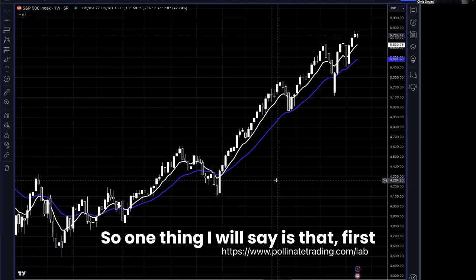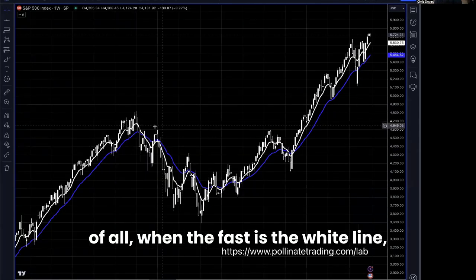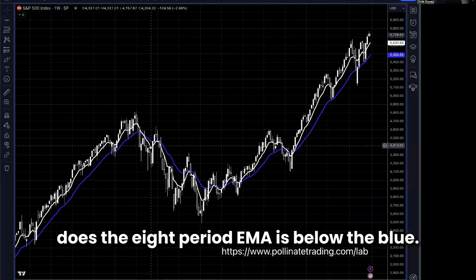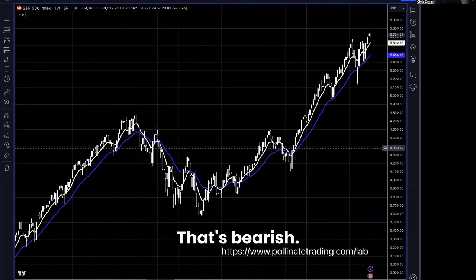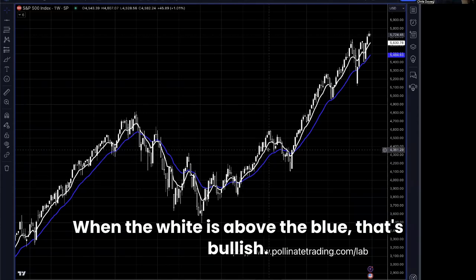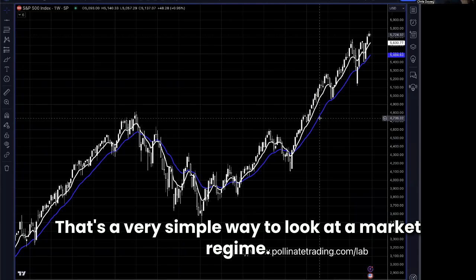So one thing I will say is that, first of all, when the fast, the white line, the 8 period EMA, is below the blue, that's bearish. When the white is above the blue, that's bullish.